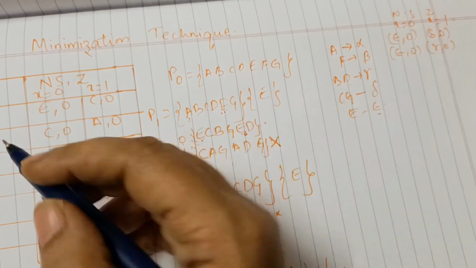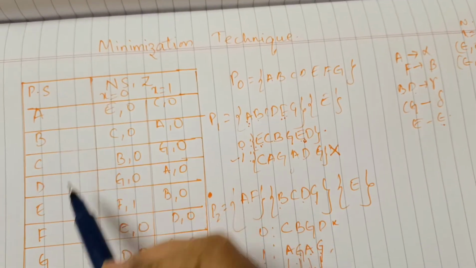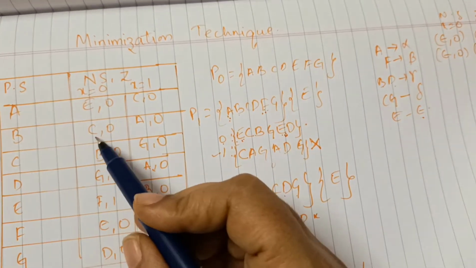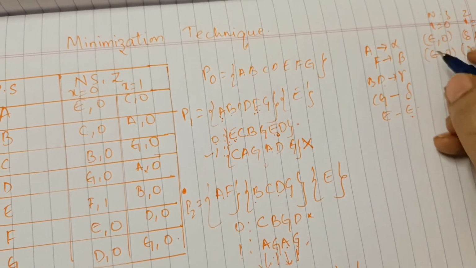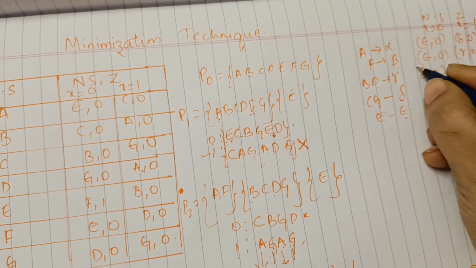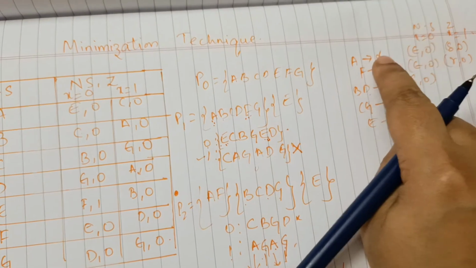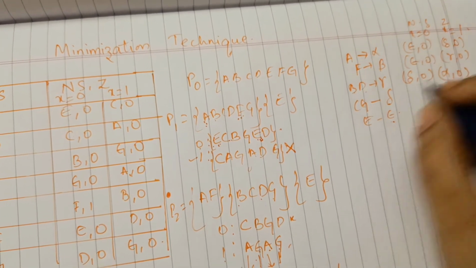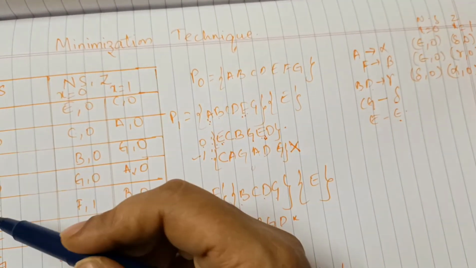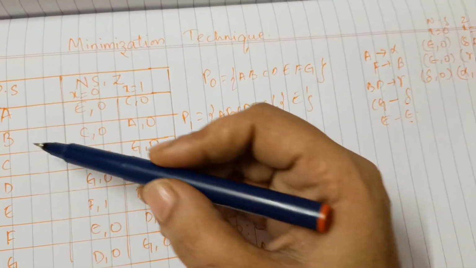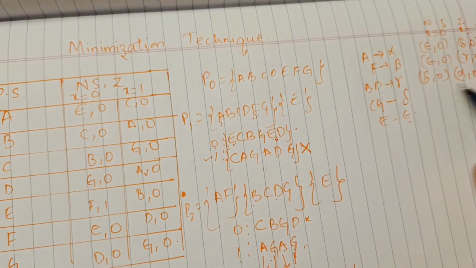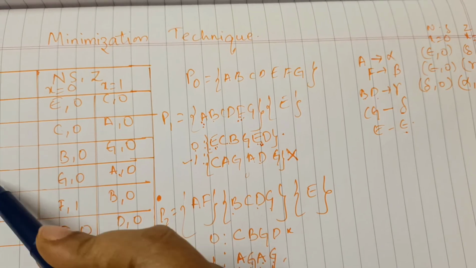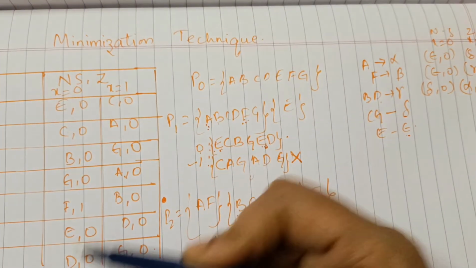Next, BD. Now see, B and D: CG, AA. CG means delta, 0. AA means alpha, 0. Next, CG. These two states have been reduced, BD, and that you have simply written here. Now CG: C is C and G, that is BD, GG.